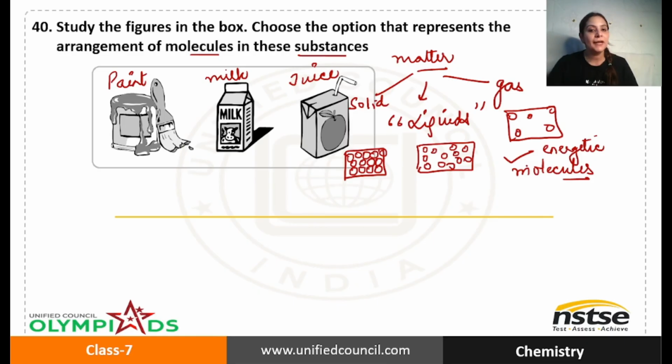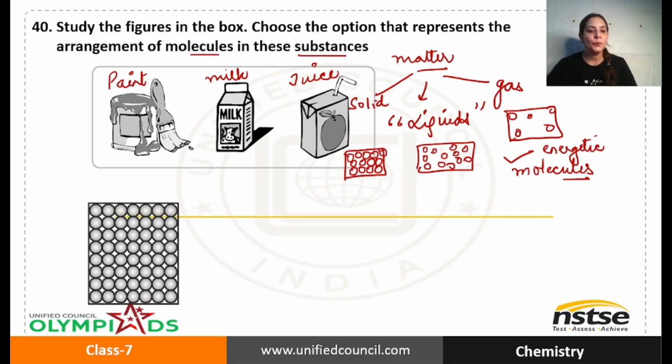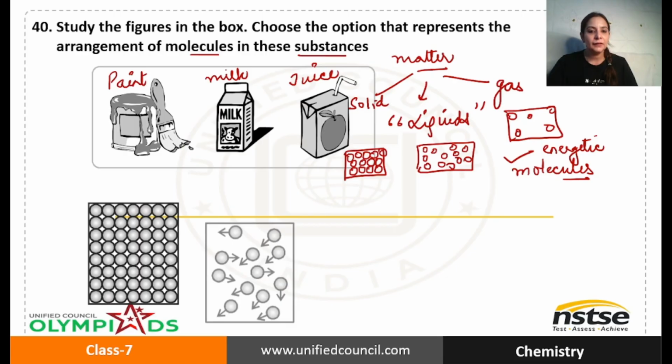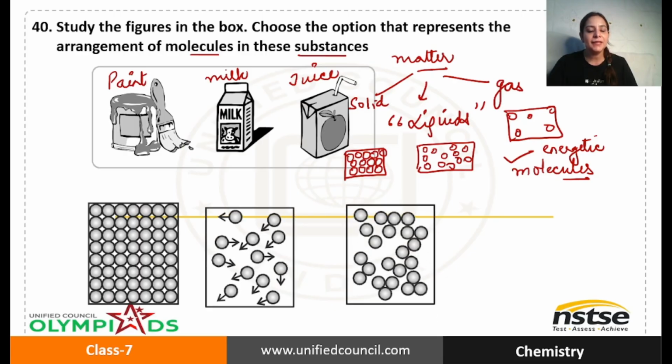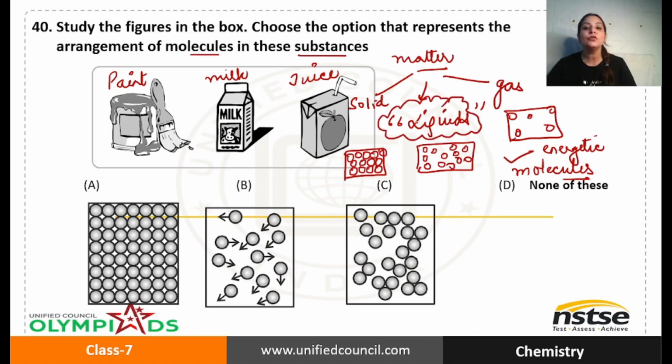Now let's look at the options. We have options A, B, C, and D says none of these. So all 3 of them, as we have discussed, are liquids where the particles are loosely arranged. In option A, you can see that particles are tightly packed.